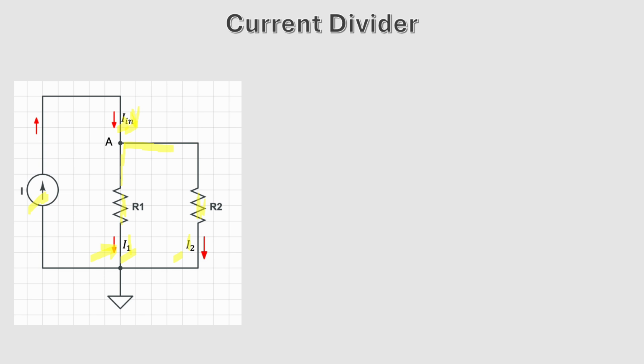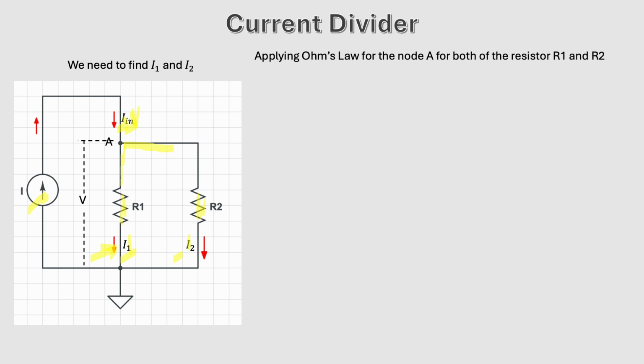So we are going to find the value for I1 and I2, and there is the point A. At this point, the voltage we denote by V. Applying Ohm's law for resistors R1 and R2, we can write V is equal to I in times Rp, where Rp is the parallel resistance of resistors R1 and R2.